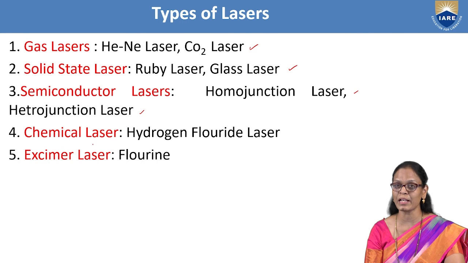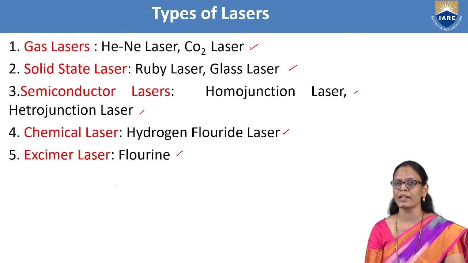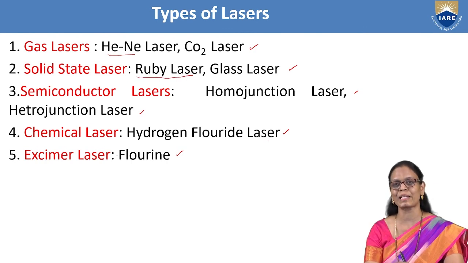Then we have chemical laser, which is a hydrogen fluoride laser, which we have seen in the chemical reaction. Chemical pumping, we have discussed about this hydrogen fluoride laser. And also in excimer laser, we have using fluorine. And in the next classes, we are going to discuss one gas laser, that is helium neon laser, and one solid state laser, that is ruby laser.